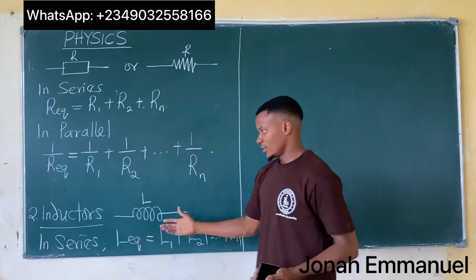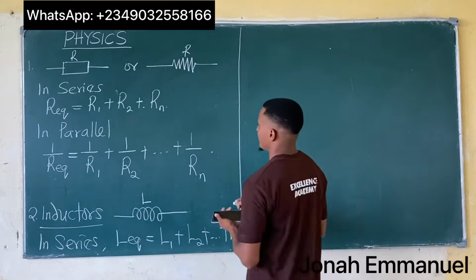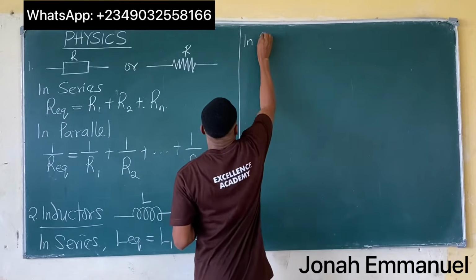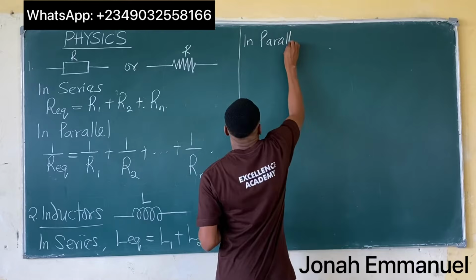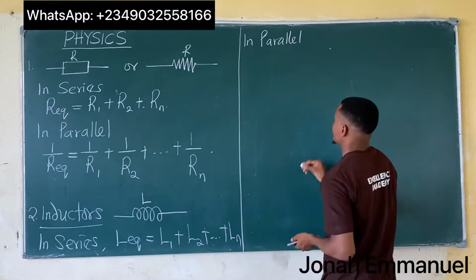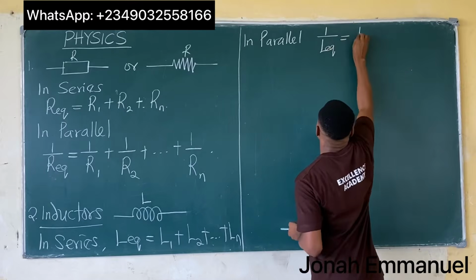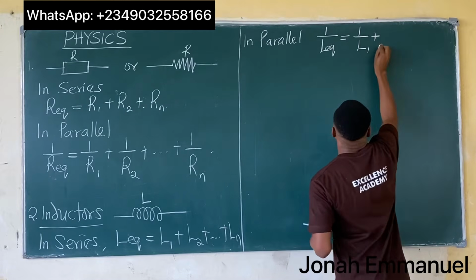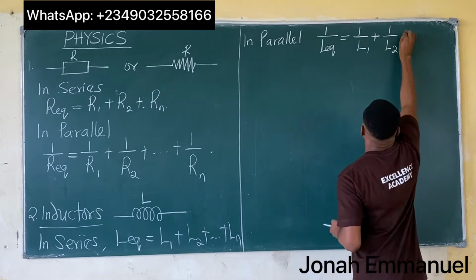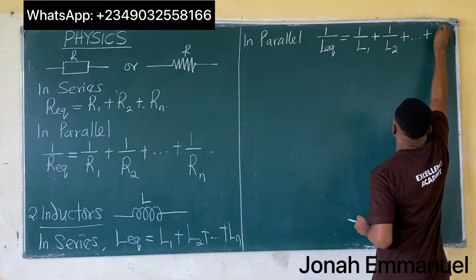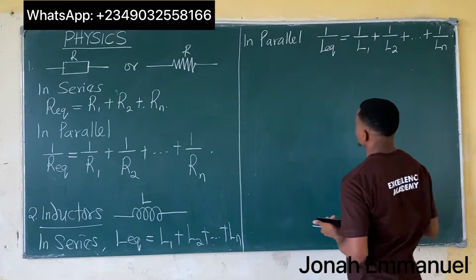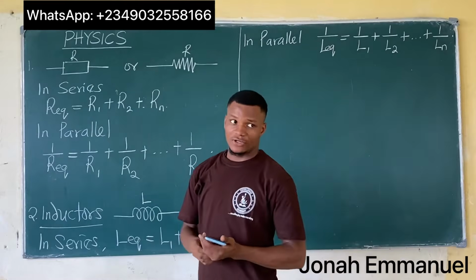So that is inductors in series. For parallel connection, the inverse of the equivalent inductor is equal to the inverse of each of them, just like this. Alright, so this is for inductors.